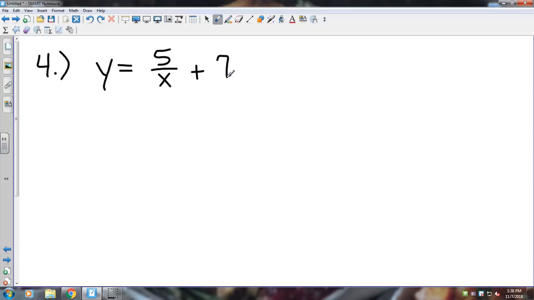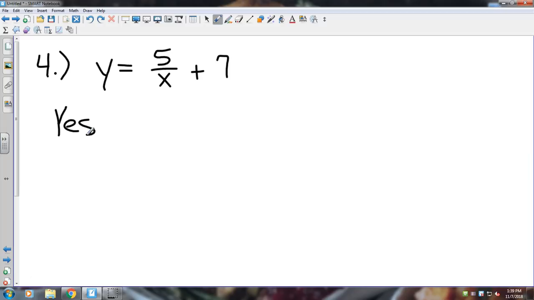Let's say x was 5. What's 5 over 5? 1, and what's 1 plus 7? 8. Could I graph y equals 8? Yeah, it'd be what kind of line? Horizontal. So this is a horizontal line because it's y equals something. However, okay, let me start with that. The first one was, is it a function? Okay, it is a function.